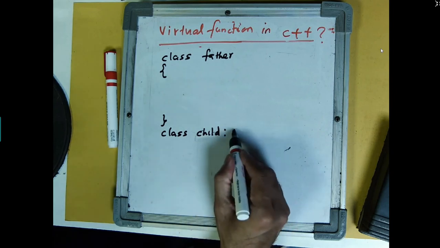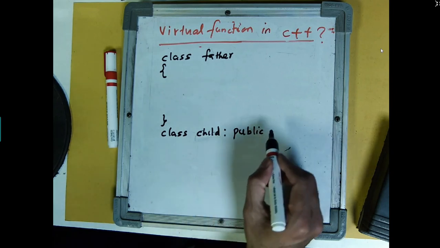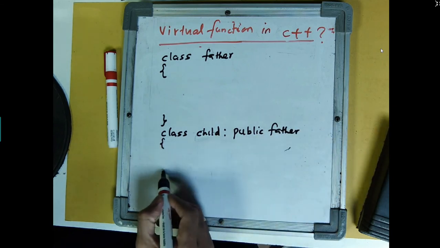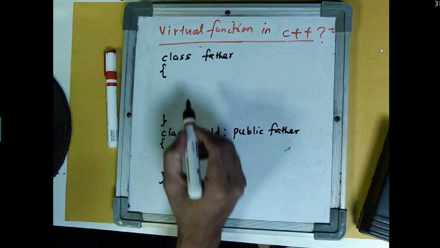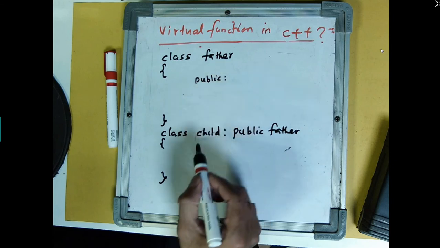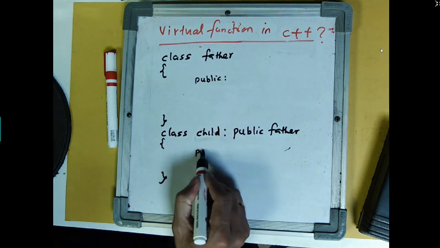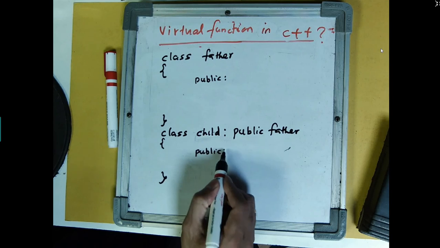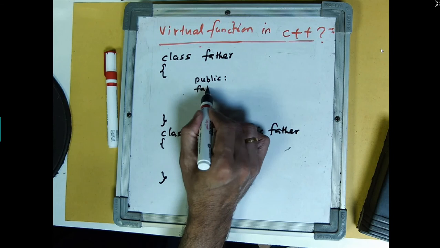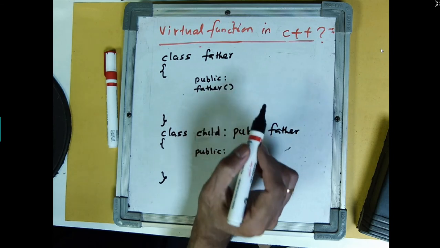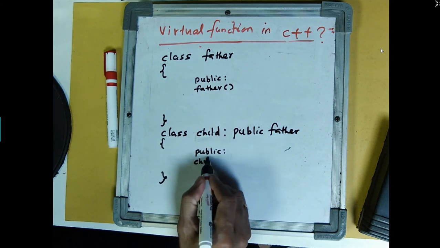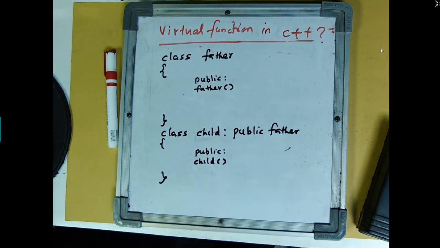and let's say I am inheriting the public properties of the father into this. As we discussed earlier, there is a constructor here, there is another constructor here, where you can define the father function, and here you can define a child function.